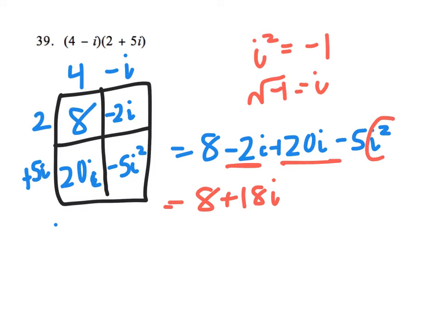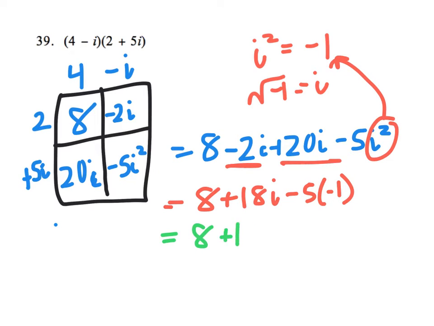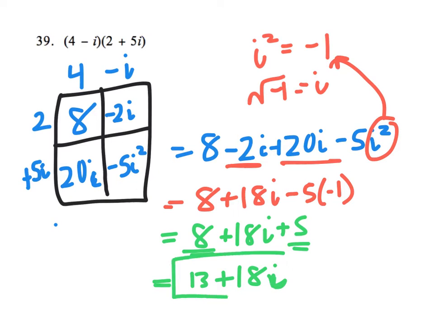And remember, if I have an i squared, that's the same as -1. So I really have -5 times -1, and -5 times a -1 gives me a +5. So I have 8 plus 18i plus 5. If I do 5 plus 8, I get 13 plus 18i, and that shall be our final answer.